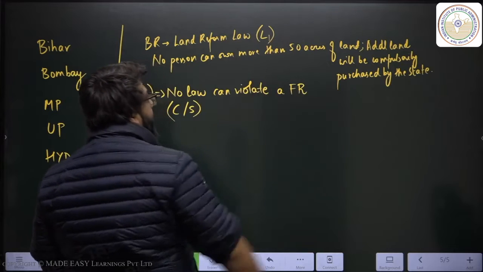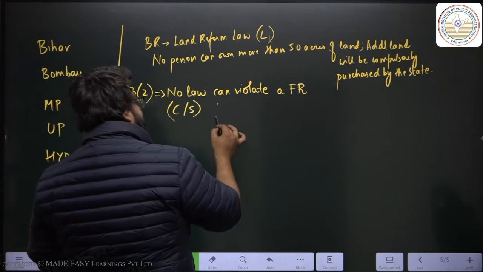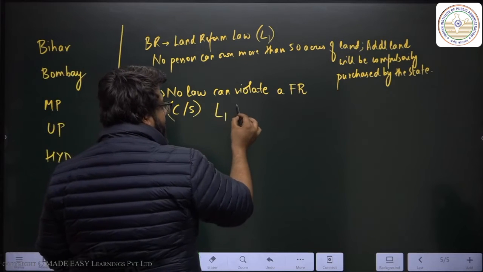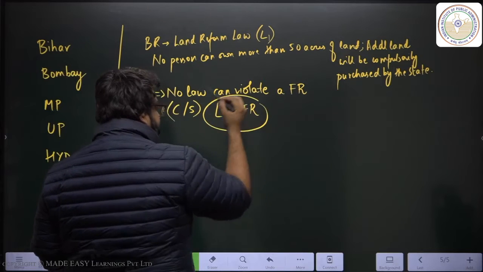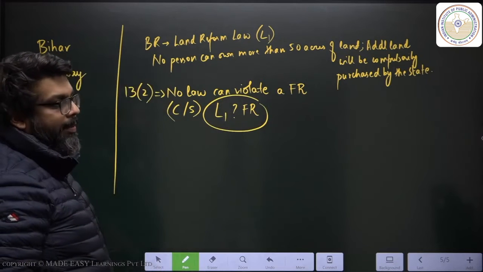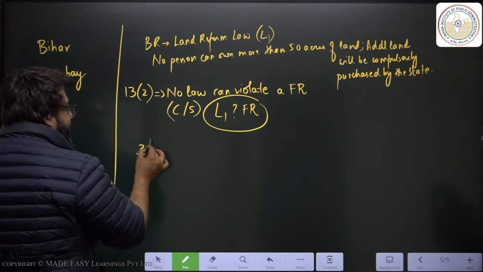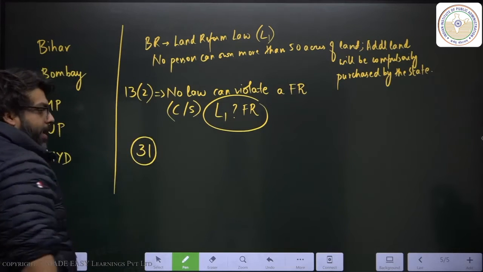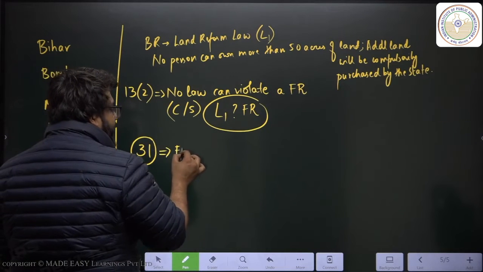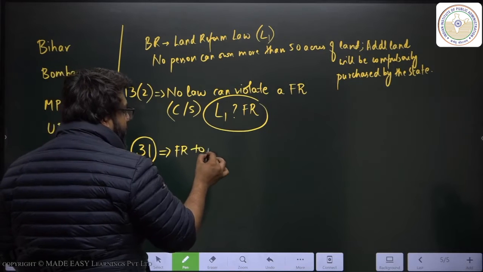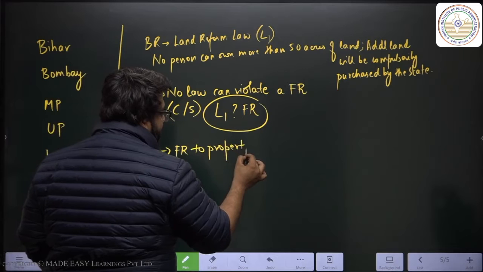Let's call it Law 1. Right? So the question is, is this Law 1 violating any fundamental right? And that is where we look at the fundamental rights that we have. We had a direct right called Article 31, which was India's primary fundamental right to property.